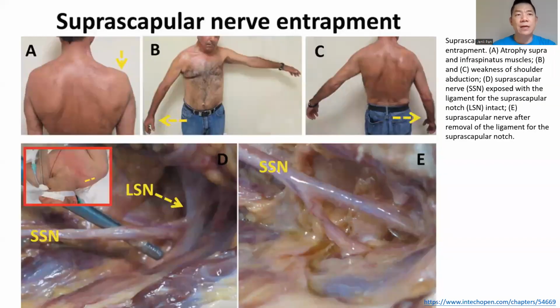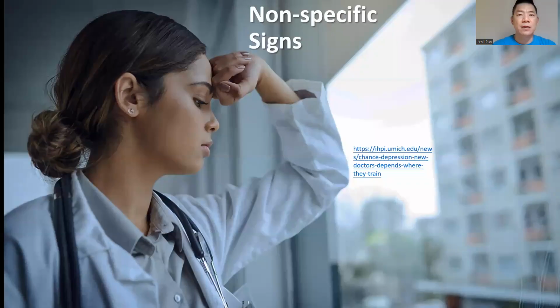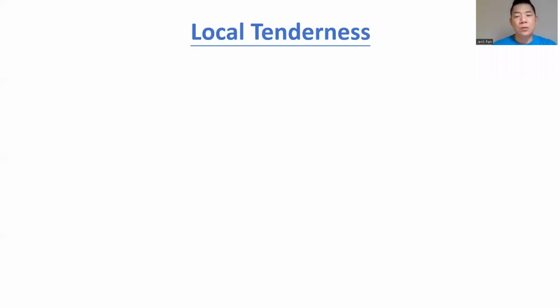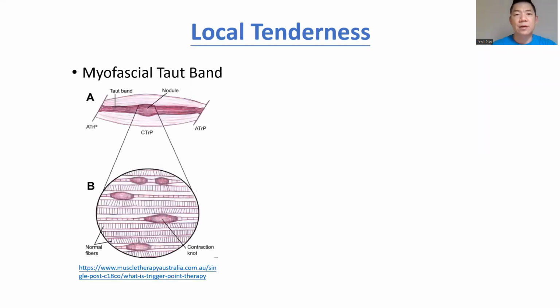And in some severe cases, as for suprascapular nerve entrapment, there is a weakness or wasting of that muscle, which can be diagnosed physically. However, the challenge is that most of the patients' complaints are nonspecific, and we pain physicians cannot use those severe signs or symptoms to diagnose. Thus, we usually neglect those patients with pain. So sometimes the only way we can find or suspect is local tenderness. However, it can be a myofascial pain rather than a nerve entrapment.